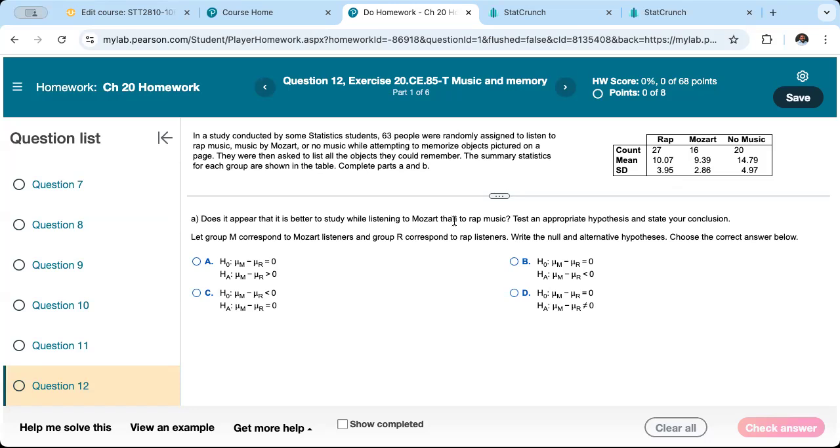So the question says that we should test an appropriate hypothesis and state our conclusion. And we've been told that we should let M correspond to the Mozart listeners and R correspond to the rap listeners. So what do you think the appropriate hypothesis would be?